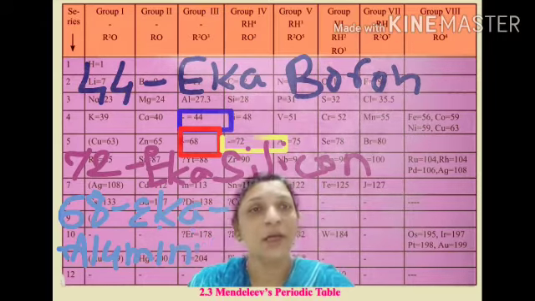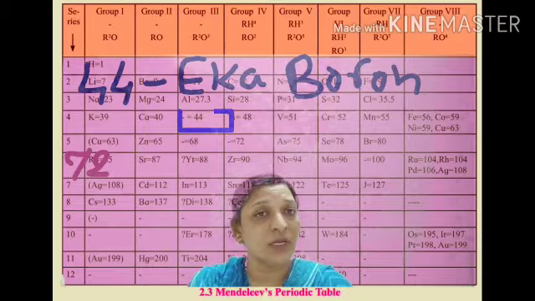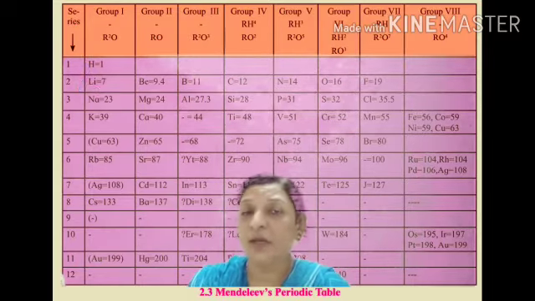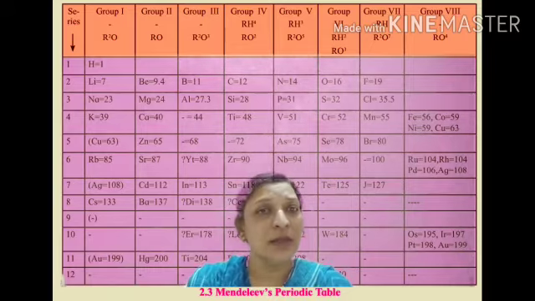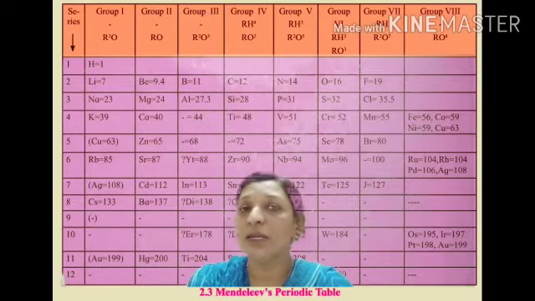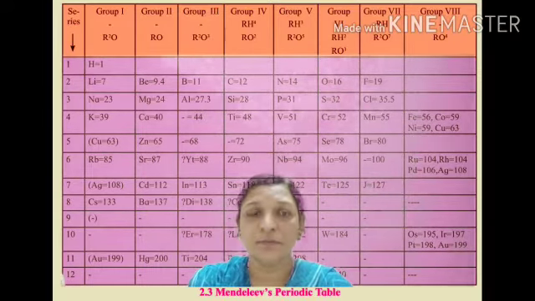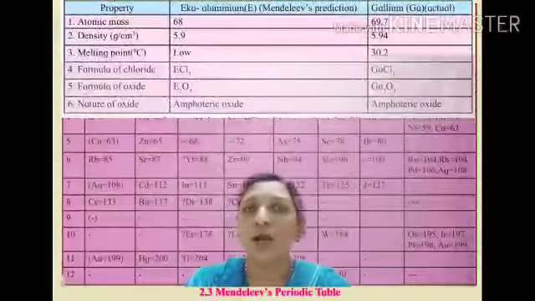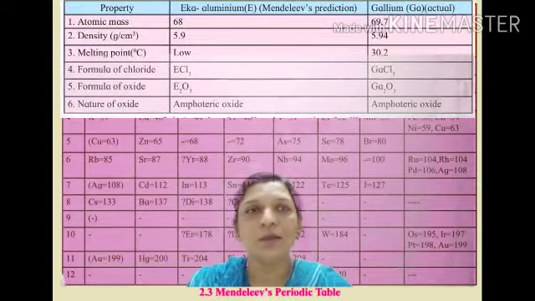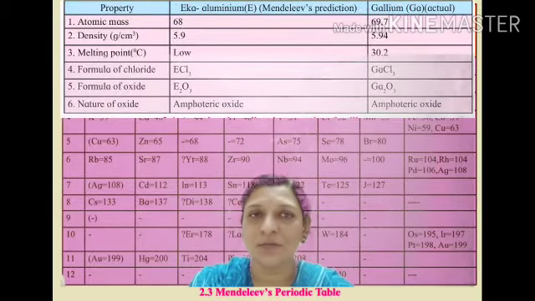It means that in Mendeleev's periodic table, he predicted that in these vacant places, shortly in the coming days, elements will get discovered. And he also predicted the possible atomic masses and the properties of these elements.